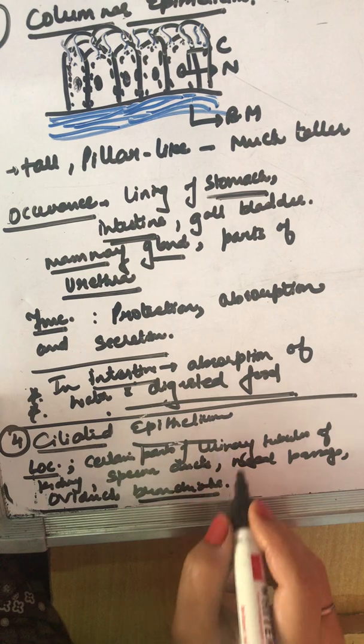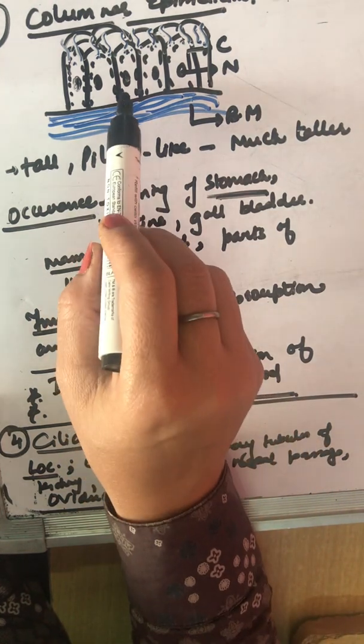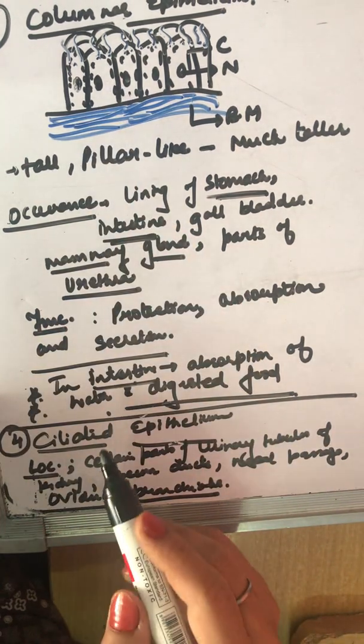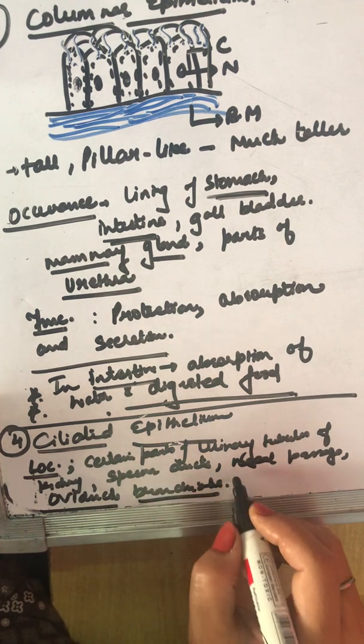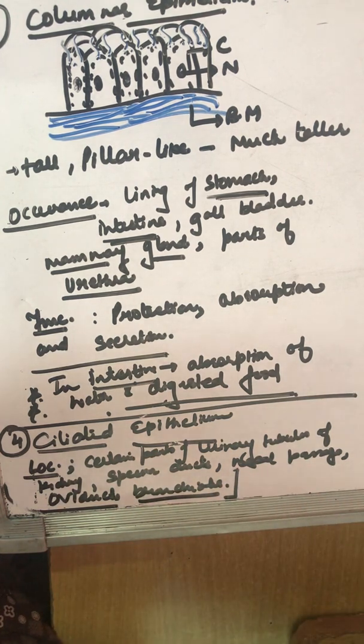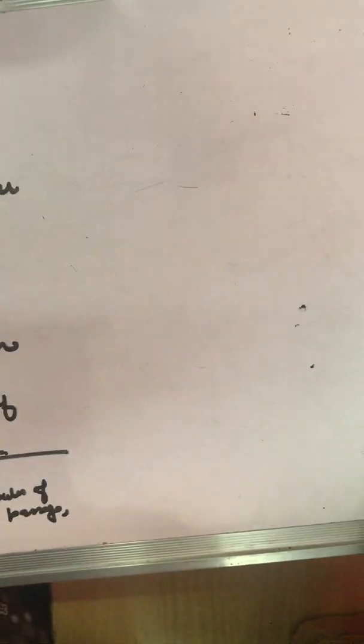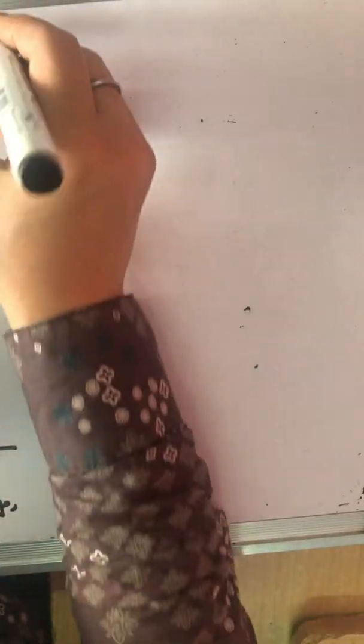Now, when it is present at all these areas and it bears cilia, the hair-like structure, its function becomes more defined, means help in the movement of mucus. So, what does it help in?